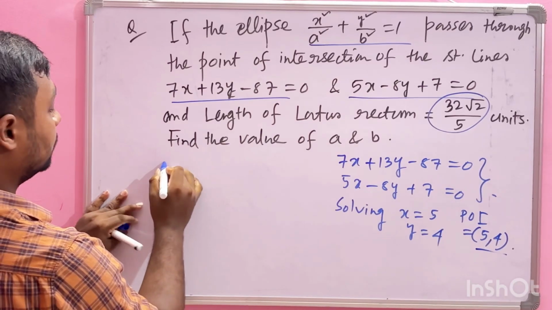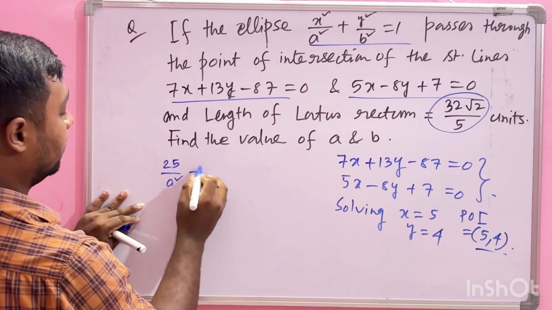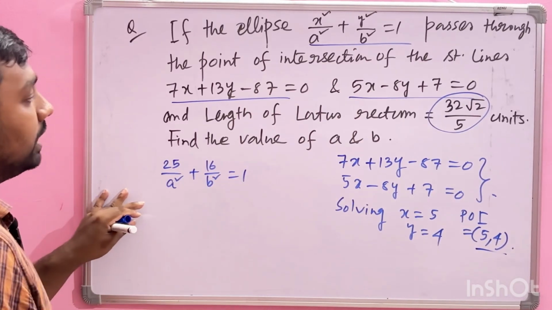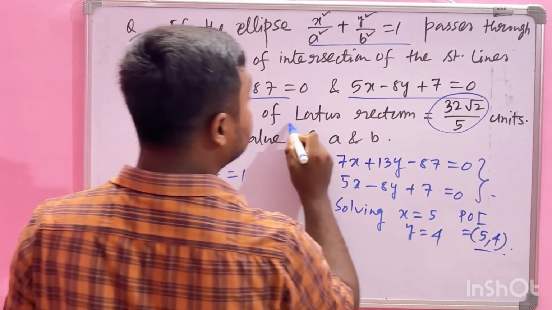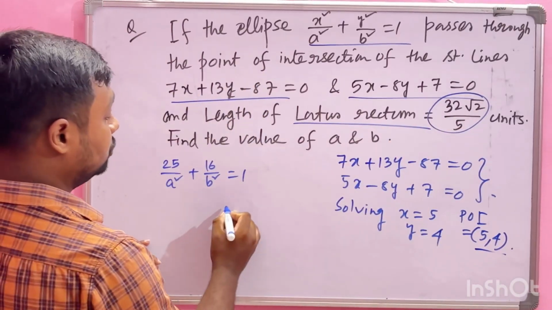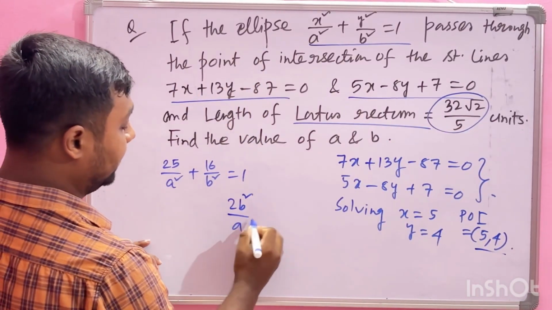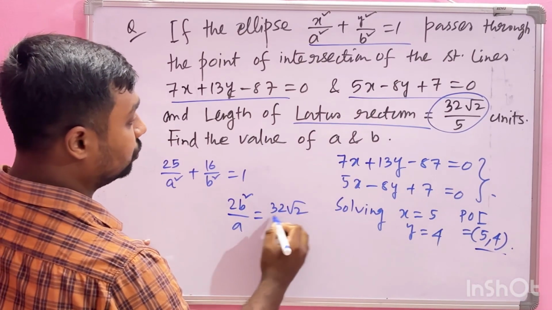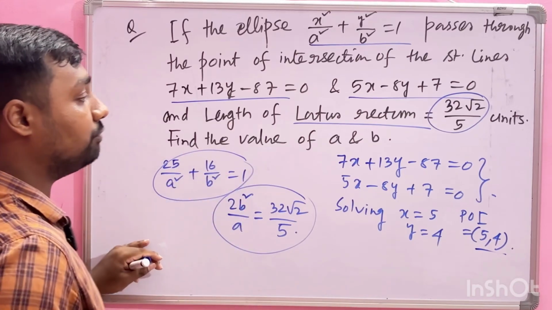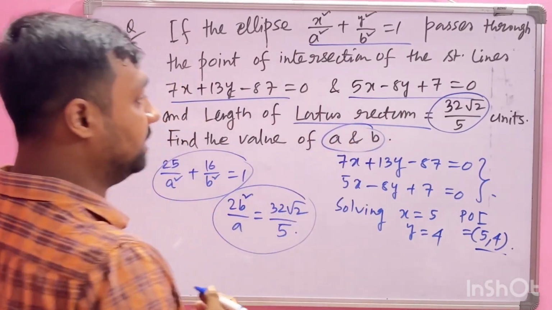So we get 25/a² plus 16/b² equal to 1. And again, the length of the latus rectum is given as 32√2/5, so 2b²/a equal to 32√2/5. Using these two equations, we have to find the values of a and b.